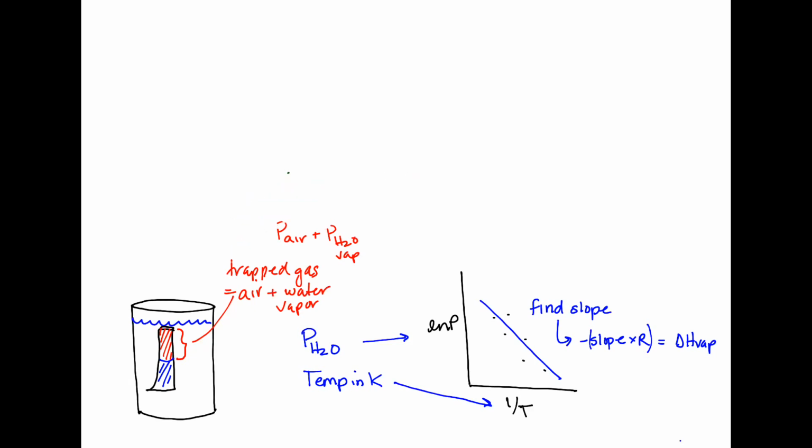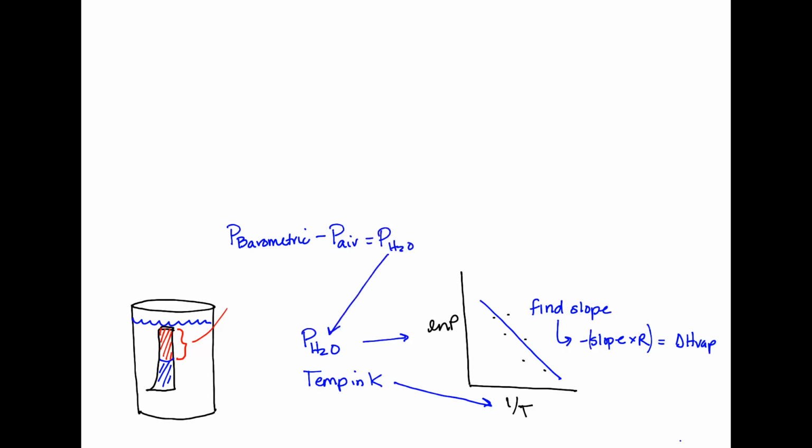So to make that look a little clearer, we measure barometric pressure, and then subtract out the partial pressure of air, and that will equal the pressure of water, which we'll have for that.